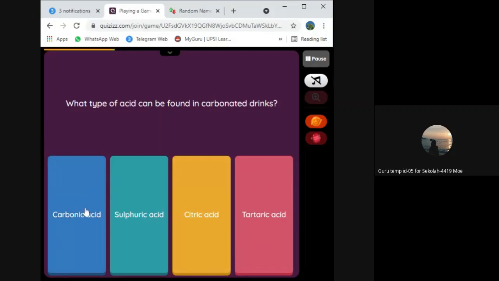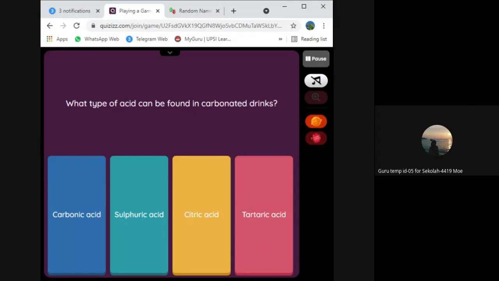Carbonic acid. Okay, the keyword is already given here, carbonated. So carbonic acid. Yes, Deva, carbonic acid. So, what is citric acid? Citric acid is an acid we can find in citrus fruits. Citrus fruits are juicy fruits with a sharp taste.